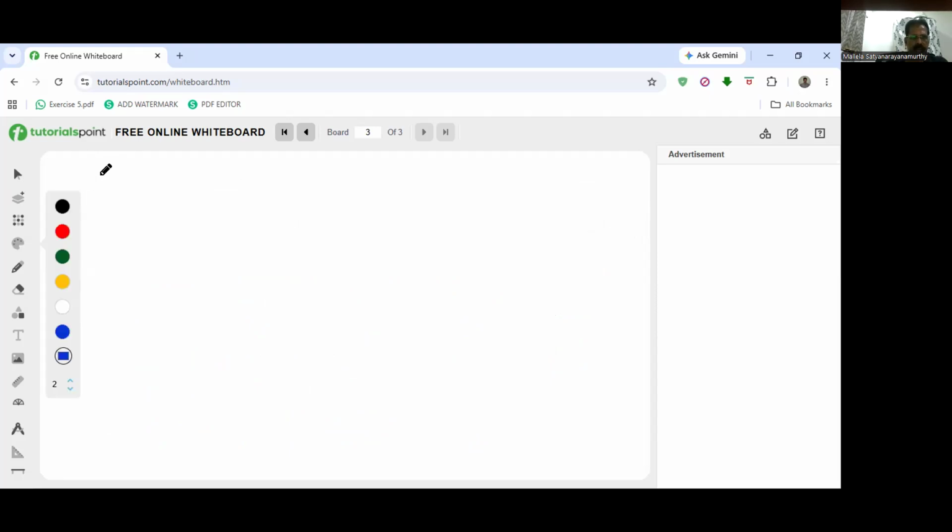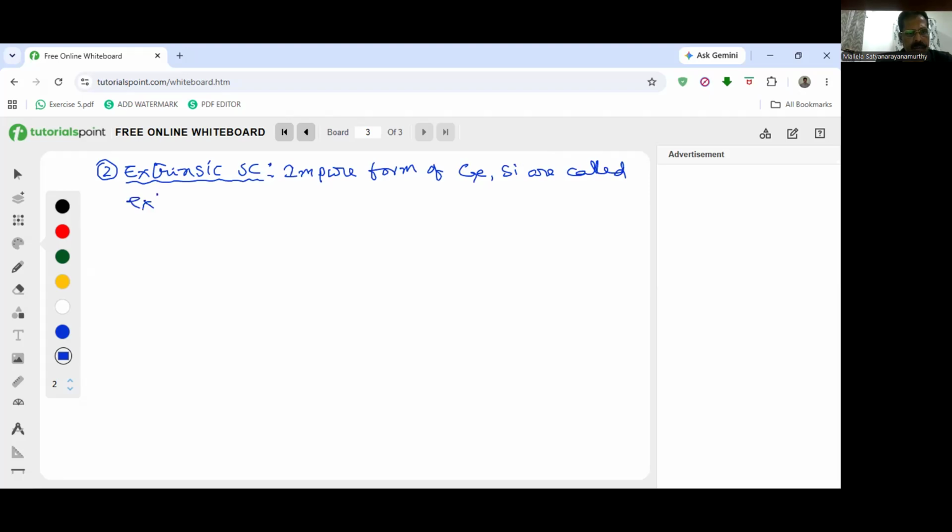A second one is extrinsic semiconductor. Impure form of germanium, silicon are called extrinsic semiconductors.